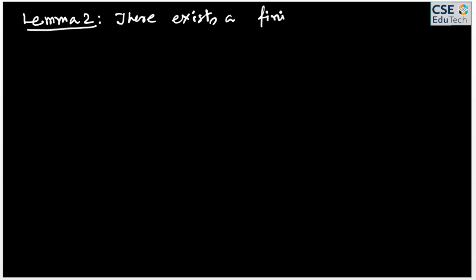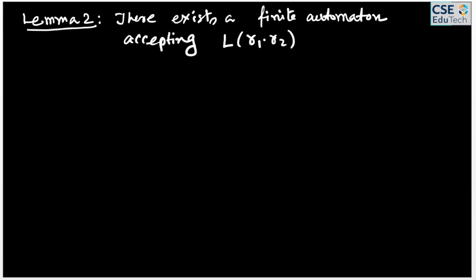Now, Lemma 2. There exists a finite automaton accepting L, that is, the language generated by R1 concatenated with the language generated by R2.